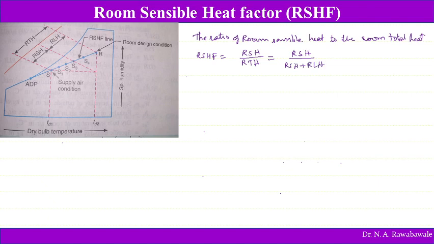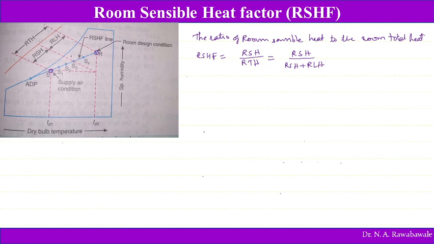So now we can see one thing here. In air conditioning, supply air is supplied at the property SA, and the room design conditions are at point R. Say the room has dry bulb temperature TD2 and the supply air dry bulb temperature is TD1. So this is the room design condition, and this is the supply air condition.